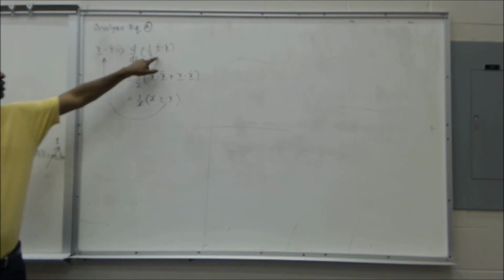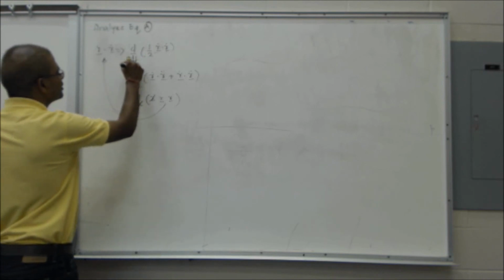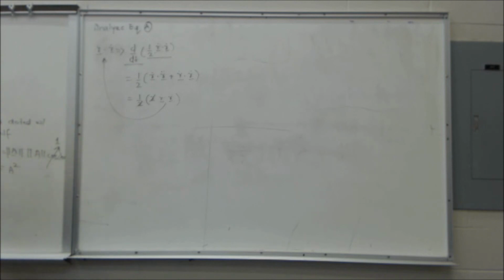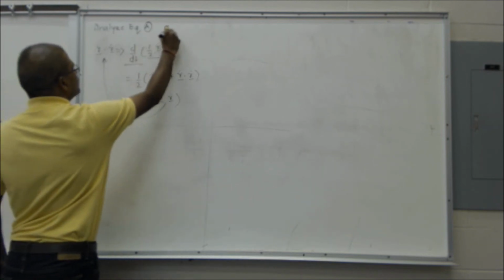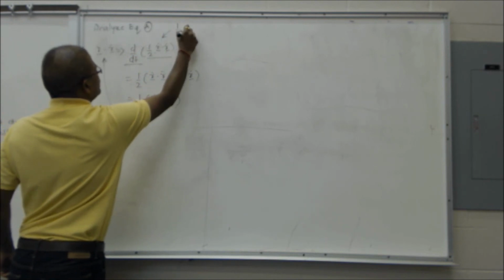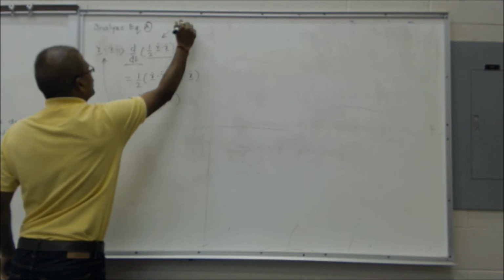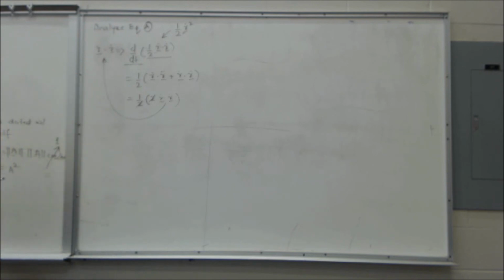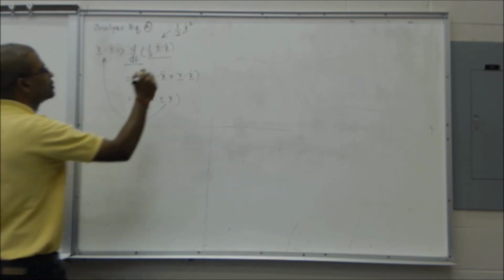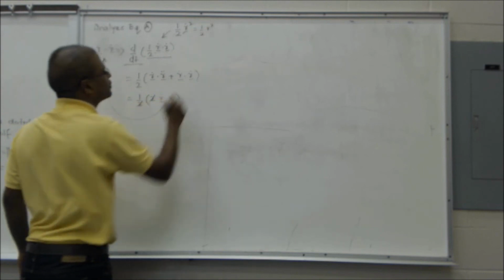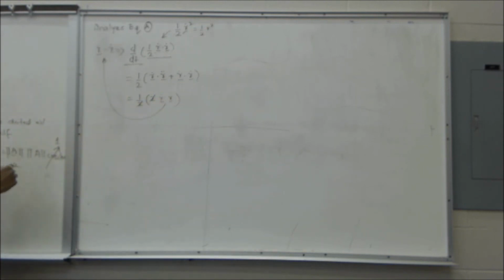What do you see here? It is half R dot squared, half v squared.